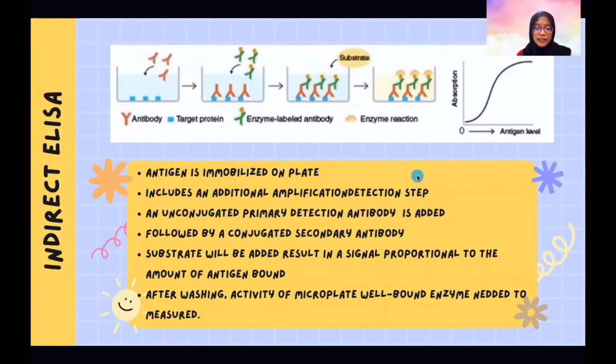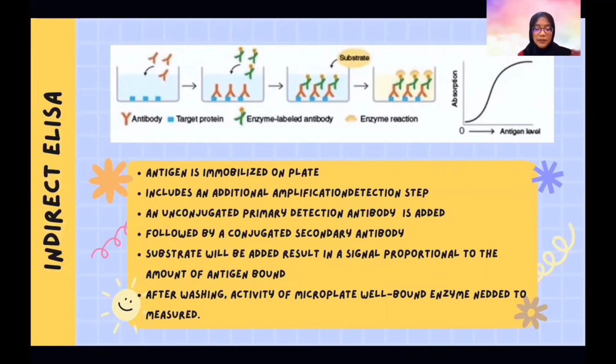An indirect ELISA uses an antigen that is immobilized on a plate and includes an additional amplification detection step. First, a primary detection antibody that is unconjugated is added and binds to the particular antigen.